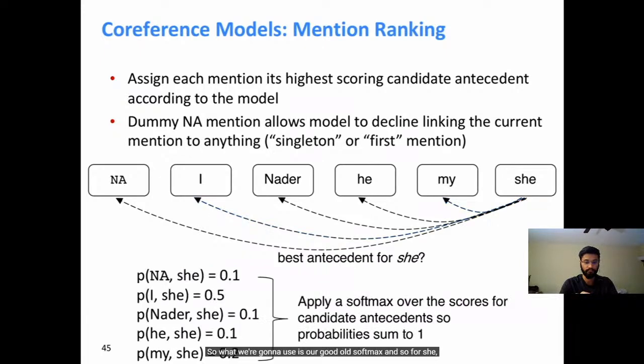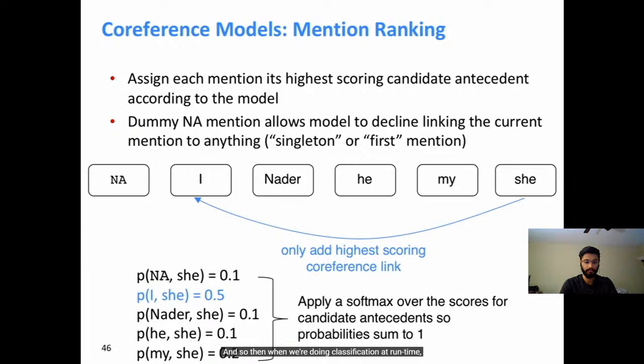So what we're going to use is our good old softmax, and for "she", we're going to put a softmax over the antecedents, and our hope is simply that we get a high probability with one of the antecedents if it has an antecedent, or a high score with NA if it doesn't have any prior reference. Then when we're doing classification at runtime, we're going to add only the highest scoring co-reference link.